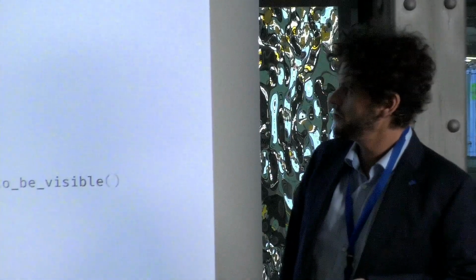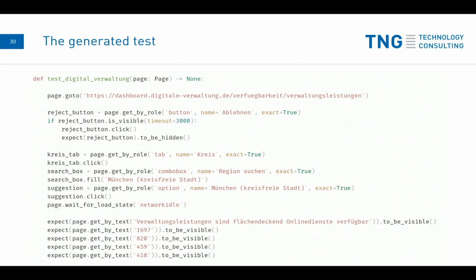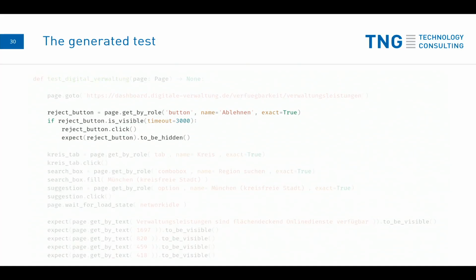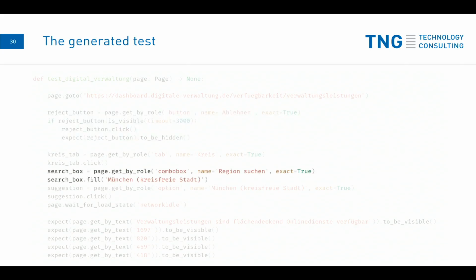And now to show you a somewhat condensed version of the test we produced. It has different steps. There's the cookie part. Then you have this section which does interactions with different elements. For example, here we have this combo box, this input field where we search for München kreisfreie Stadt. And that runs through.